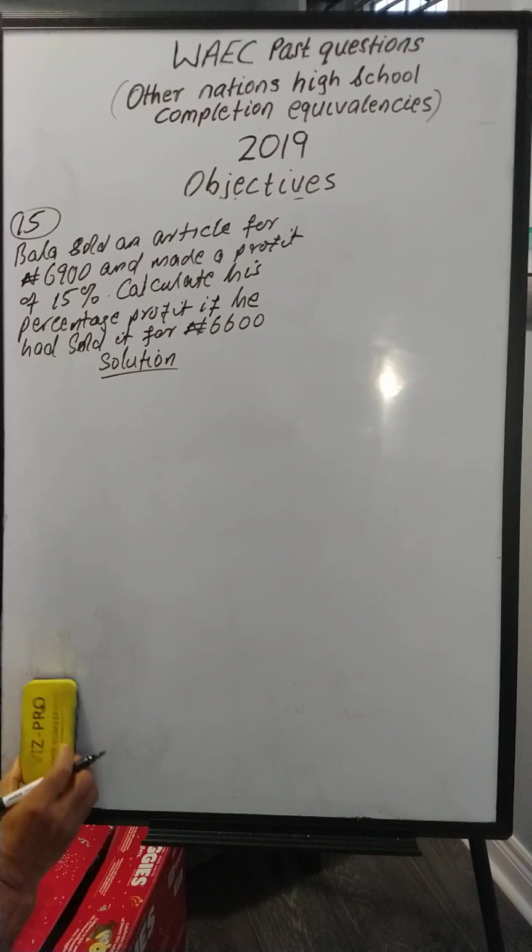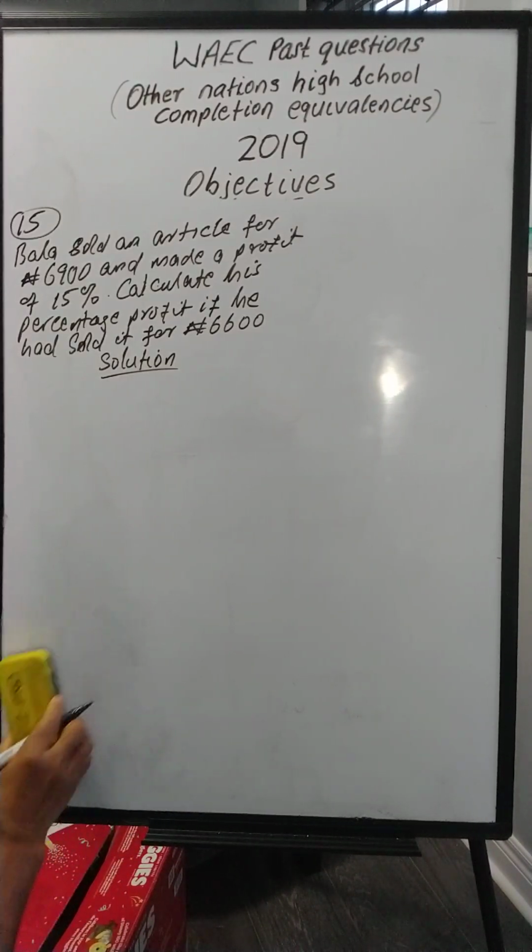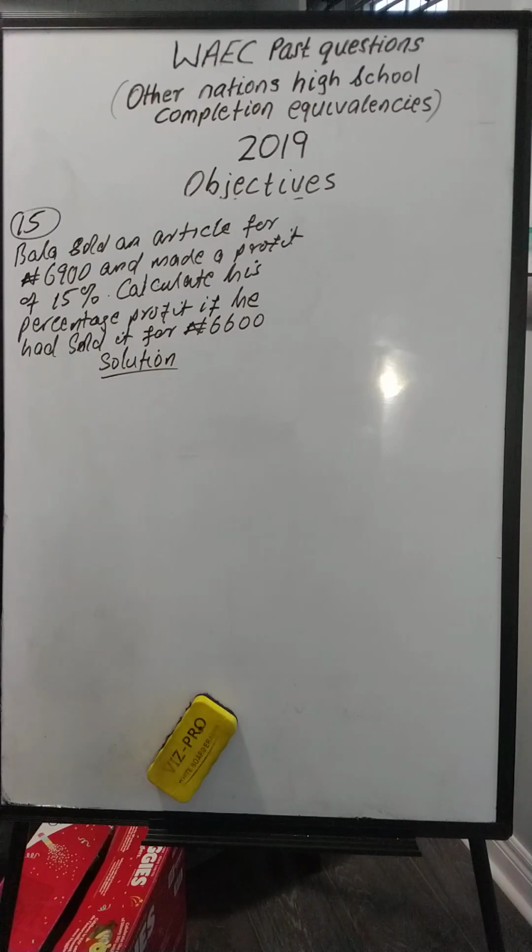When we have the cost price, we can now find the percentage profit if he sold it for 6,600.